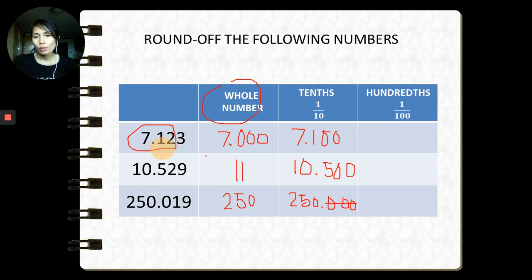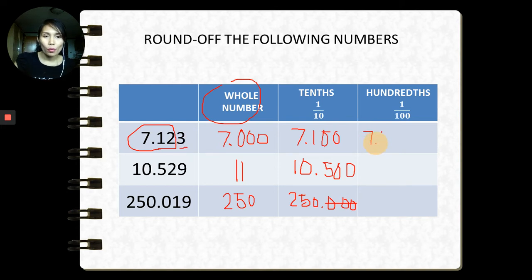So are we going to round up or round down? Based on the next digit, we will round down. 0, 1, 2, 3, 4, round down. 5, 6, 7, 8, 9, round up. So when we say round up, you add 1. But round down, don't do anything. Just copy and add 0.